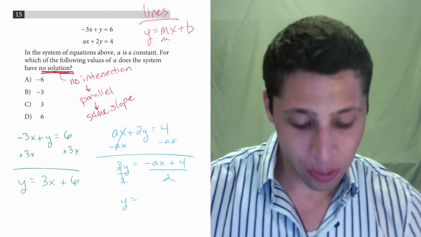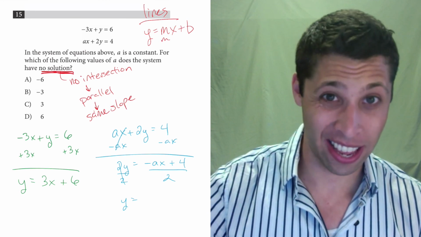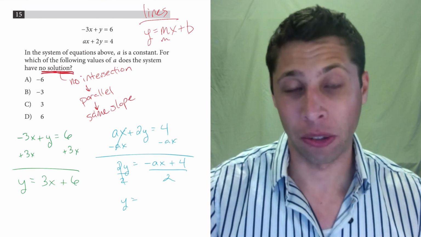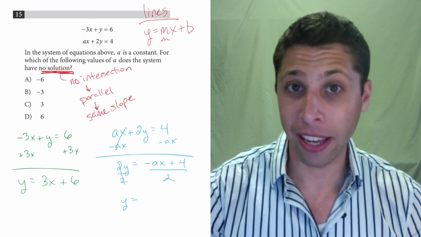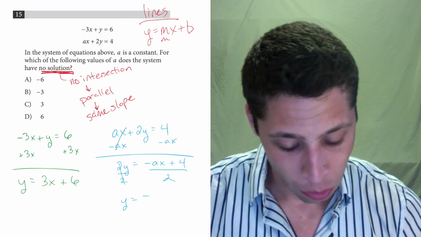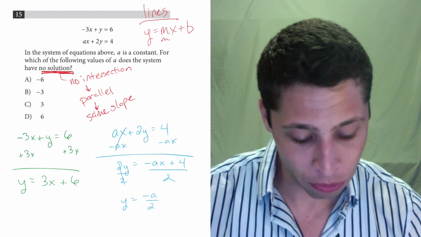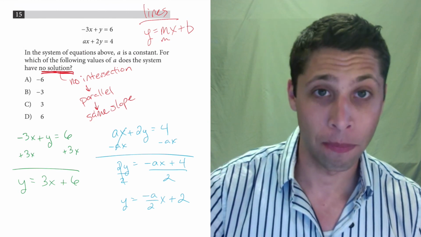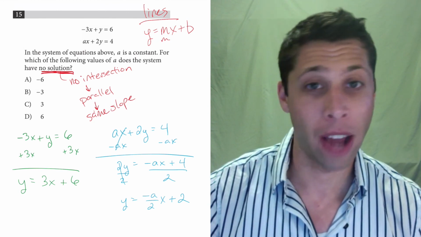And because we have this negative ax thing, we can't really divide by 2 in a nice way. So we're gonna have to just deal with it. It's okay, but it's a little weird. And so just bear with me here. We're gonna have negative a over 2x and then plus 2. The y-intercept actually doesn't matter here.